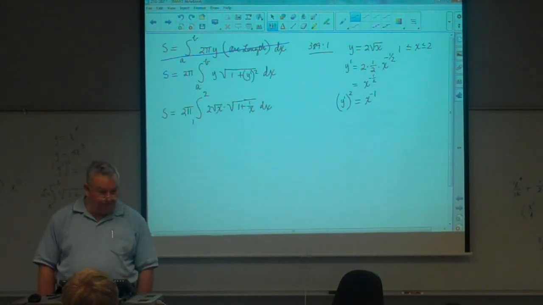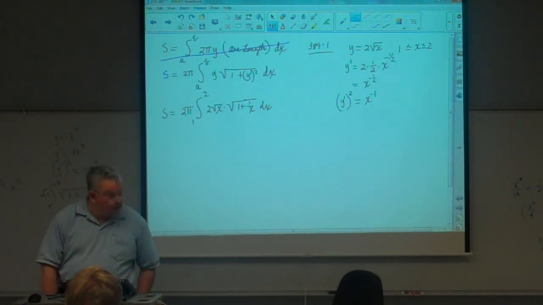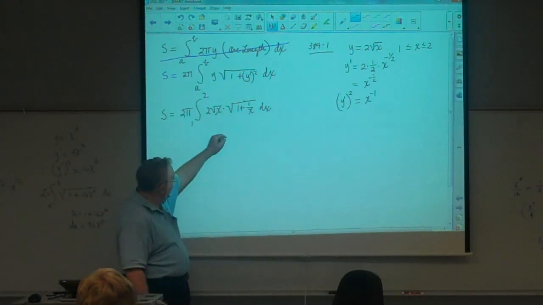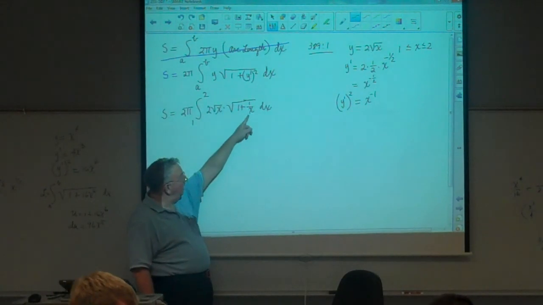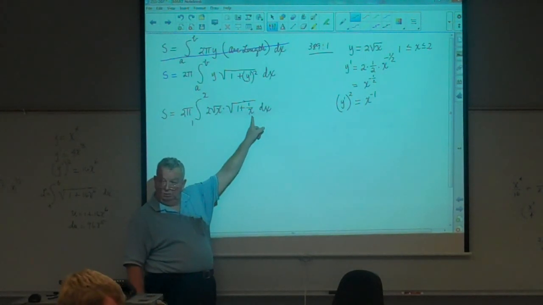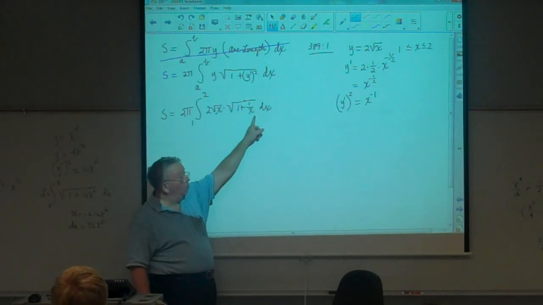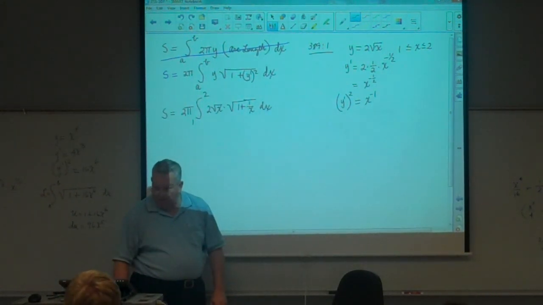You know what I'd be tempted to try? The book does not do it this way. What if I let u be equal to square root of x? Then x would be what? Wouldn't x be u squared? Yeah. I might try that and then see if I could make it something I could get rid of.